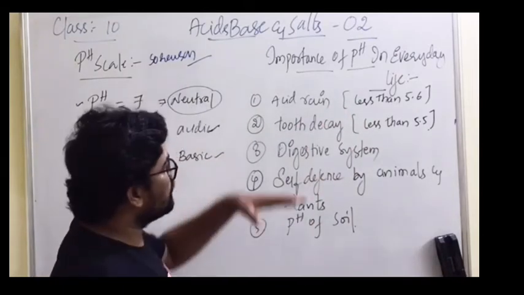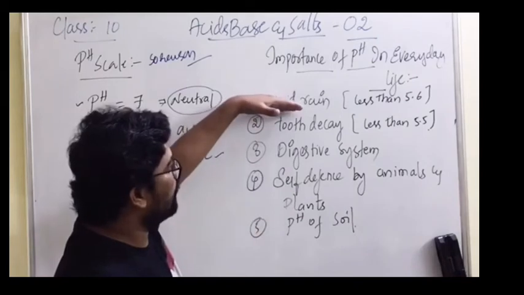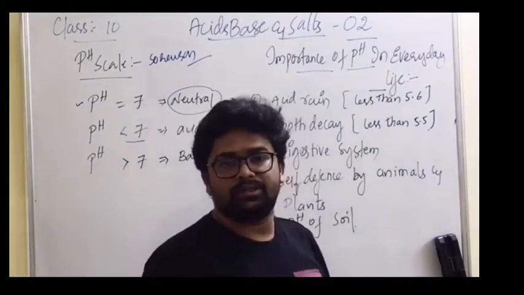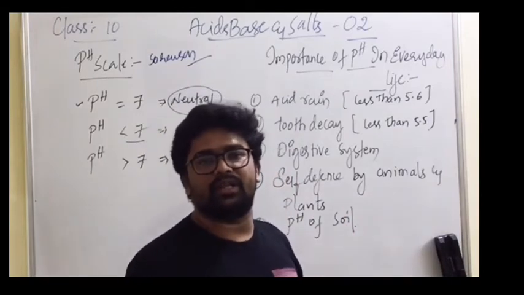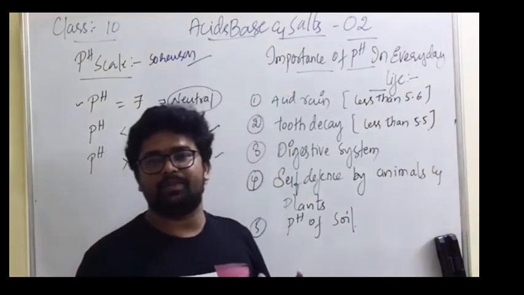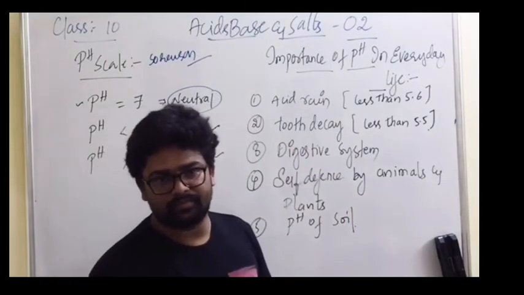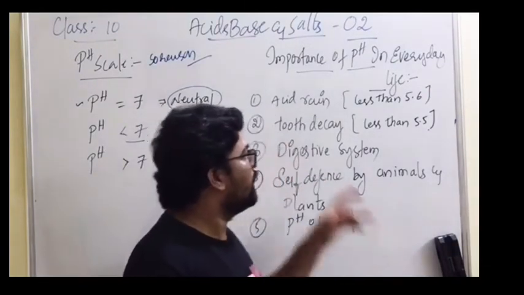So when such water flows into the water bodies, what happens? It becomes difficult for the aquatic organisms, that is plants and animals, to survive. So it further lowers the pH of water. That's the effect of acid rain.